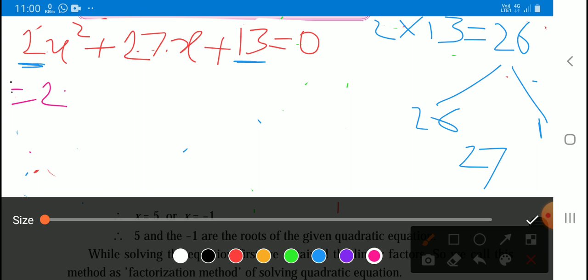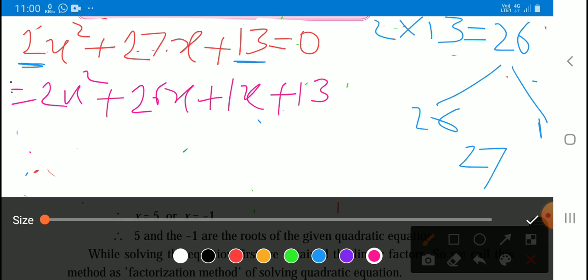These are 2x square plus 26x plus 1x plus 13 is equal to 0. Okay, don't write the equal sign in front of the equation, because the right side equal sign is already there.